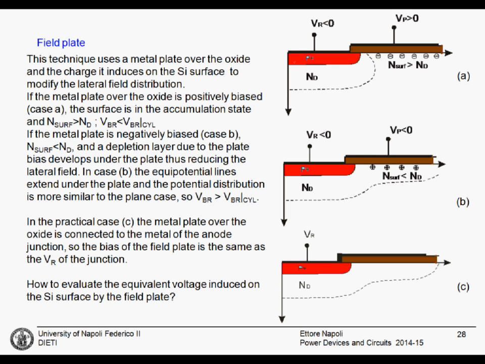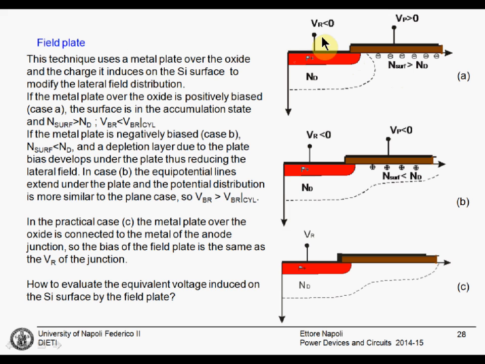The effect is more or less the same. The idea is using a metal plate over the silicon dioxide that is here. The presence of this metal plate here, as a function of the voltage, will change the carrier concentration here, not doping, the carrier concentration here.